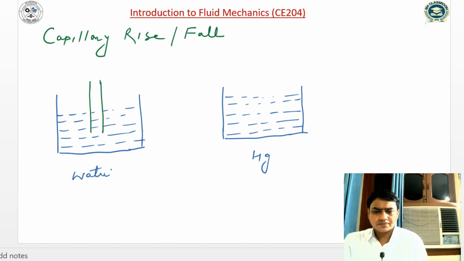Due to the wetting characteristics of the fluid, there will be a rise in the fluid, and it will look like that. At the surface, the nature of the fluid, as I told you, is concave, and this rise in the surface is called capillary height h.